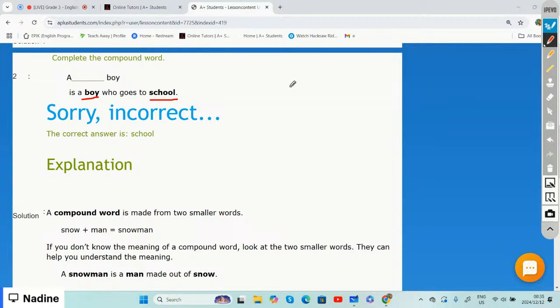All right. And if we were to select the correct word, the compound word, then yes, we can say a schoolboy. A schoolboy, that is a boy who goes to school. Well done. A schoolboy is somebody who goes to school.